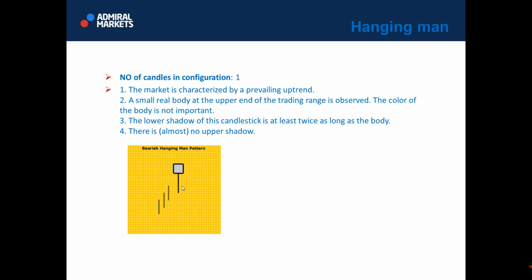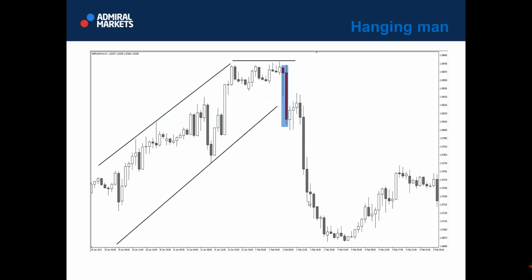Similar to the shooting star, but this wick is to the downside, not to the upside. So the shooting star is to the upside, and this is to the downside. And this is an example of a hanging man close to resistance.